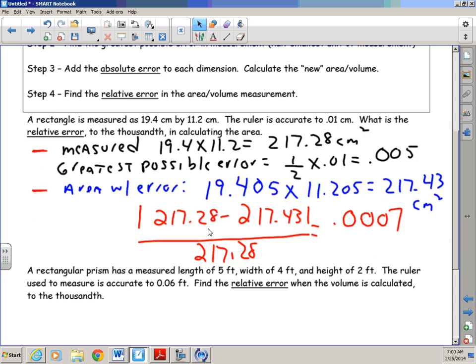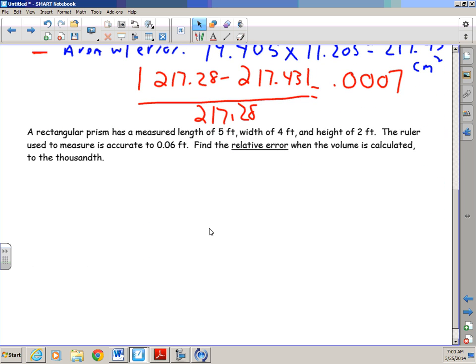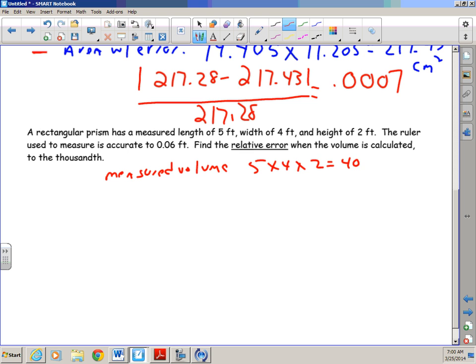Okay. All right. So let's just do the next example, where I have a rectangular prism and I'm dealing with the relative error and how far off I can be for volume. So again, my measured volume is 5 by 4 by 2, which is 40 feet cubed.